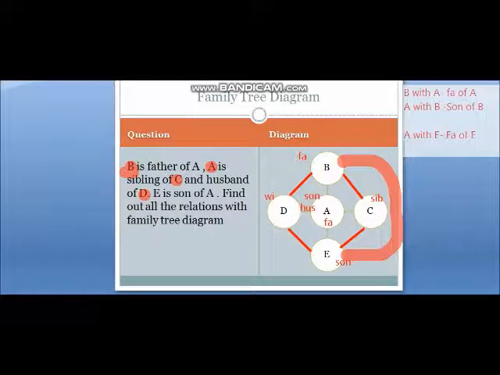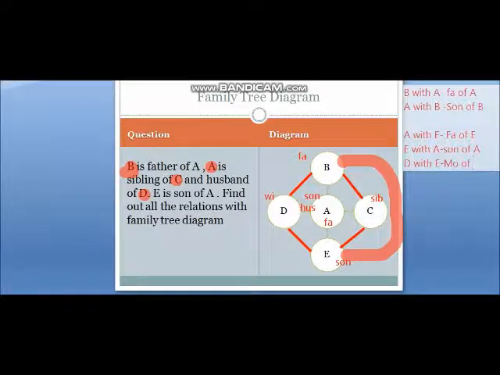Then if you are going to write now E with A, then you will be writing son of A. Okay. Then D with E, what you are going to write? D with E. So D is what?